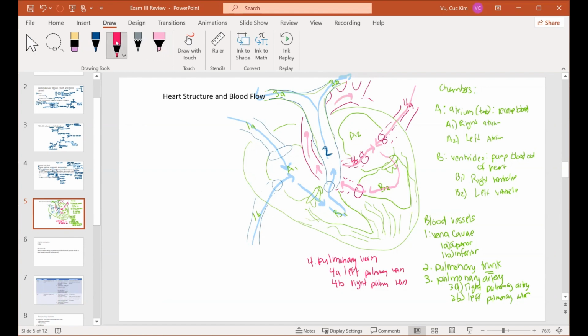This whole area is called, what number am I on? 5A, 5B, and 5C. What's 5?